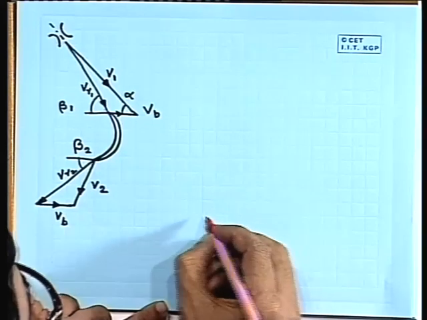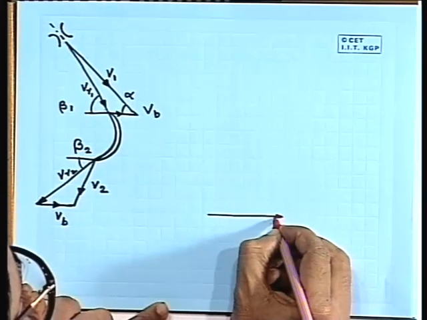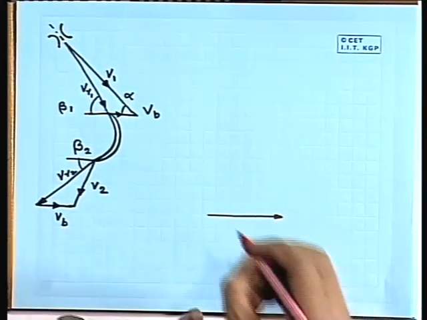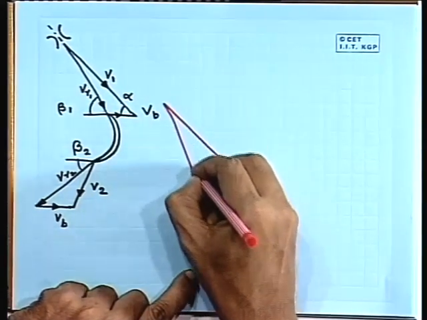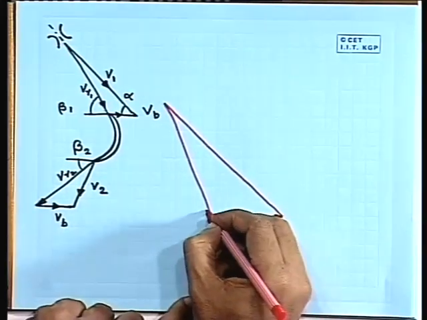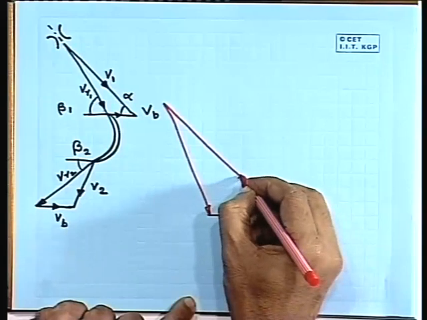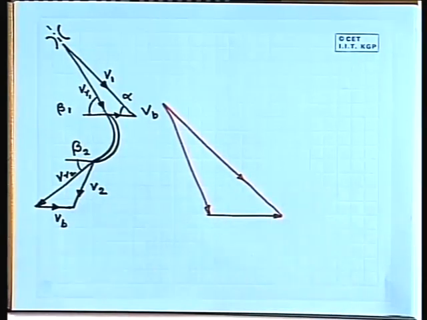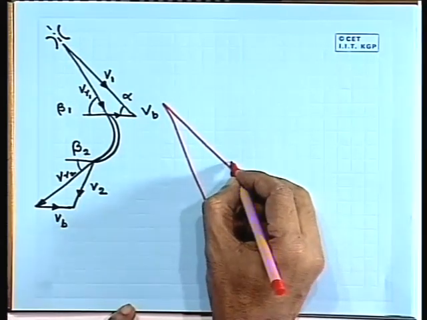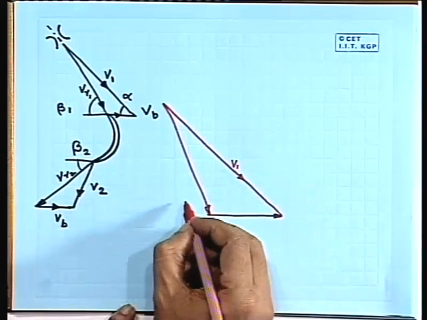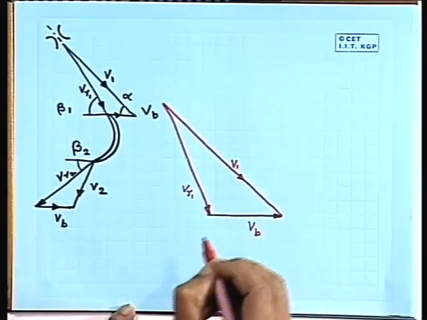First let us draw the common velocity component Vb. We will have the inlet velocity triangle like this. Well, this is our V1, this is our Vr1 and this is Vb.